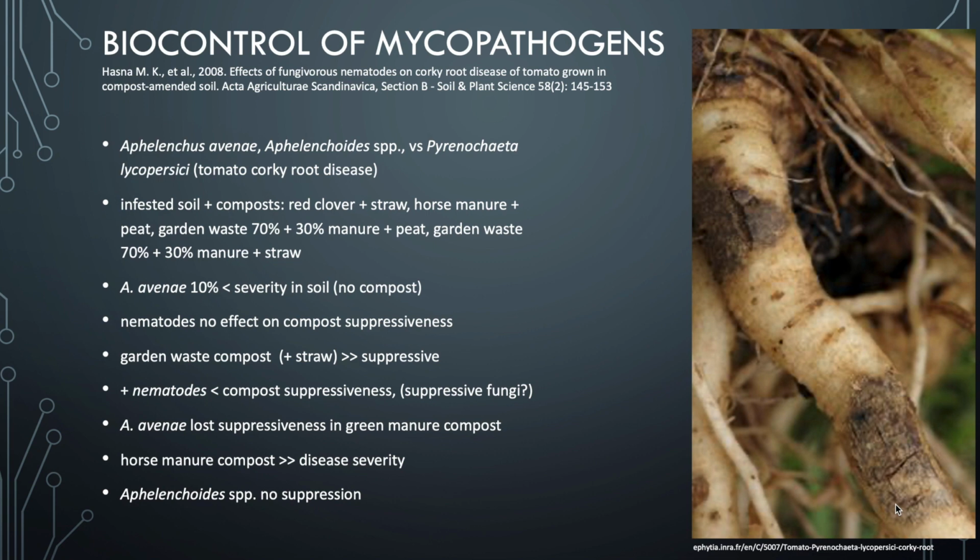Interestingly though, this disease in this particular study didn't affect the yield, in that there was no difference in root, shoot or fruit production between all of those treatments. The only difference was that the roots were actually examined based on visibility of disease or occurrence of this effect on roots that you can see here, this browning, corky, unhealthy looking root system.